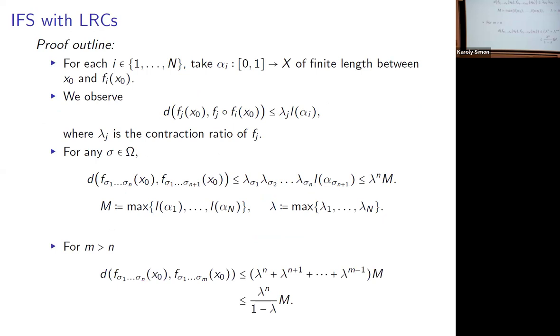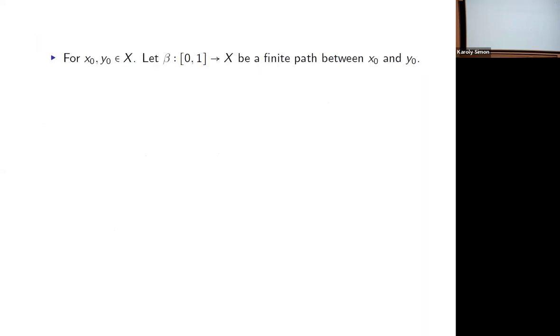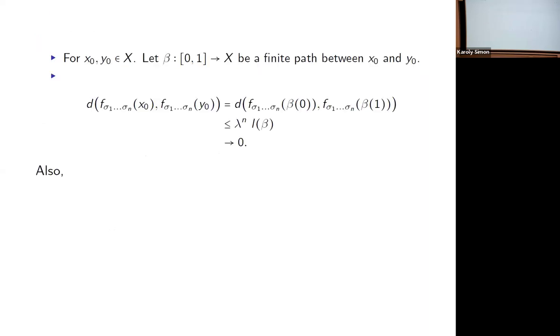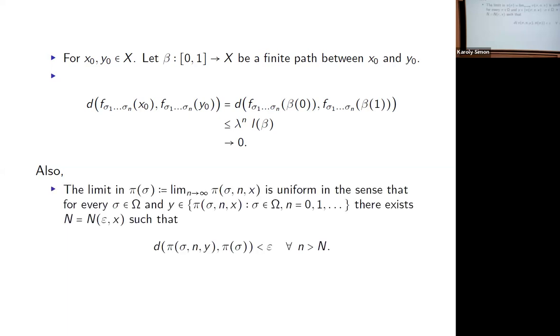And so we can show that this sequence is Cauchy, and also if we take any two points x naught and y naught, then we can show that this converges, and therefore the limit is independent of x naught, and hence the pi map is well defined.